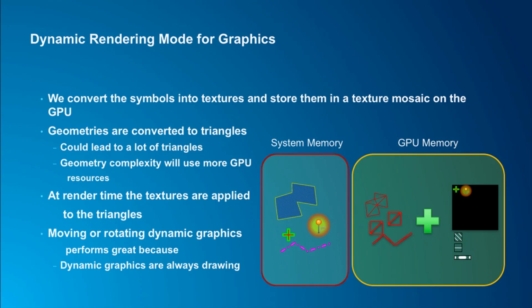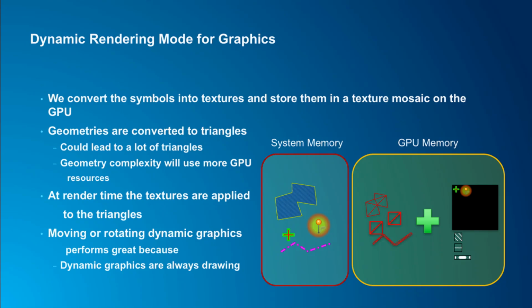In dynamic mode, on the other hand, we take the symbols and we convert those into textures, and we stick them on this texture mosaic, which you see on the right side of the screen. Then we take the geometries of whatever graphics we're rendering, and we convert that into triangles.